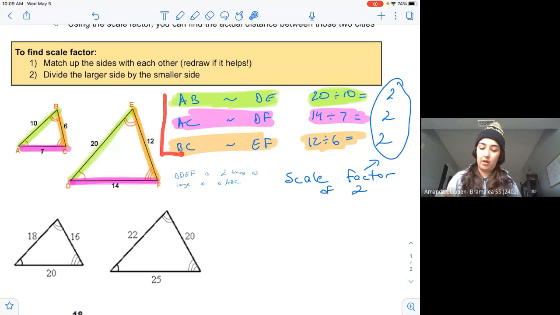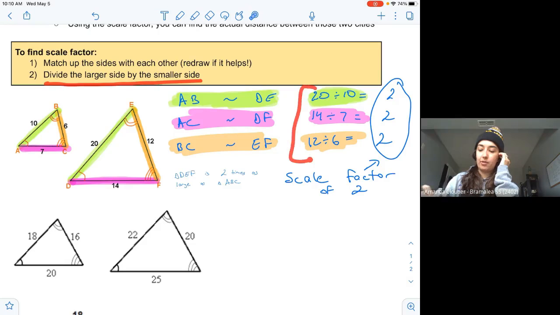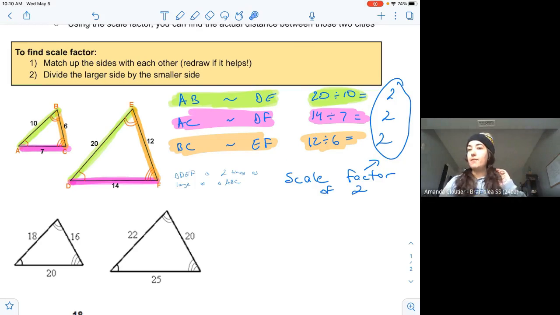That's what we did here. I said what side matches with what. And then I divided the larger side by the smaller side to determine my scale factor. I'm going to leave this here. I'm going to give you 10 minutes to do this, and then we are going to take it up.